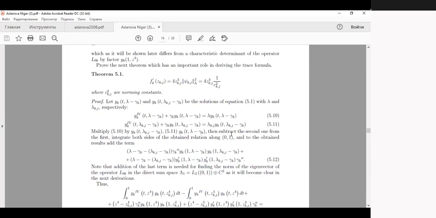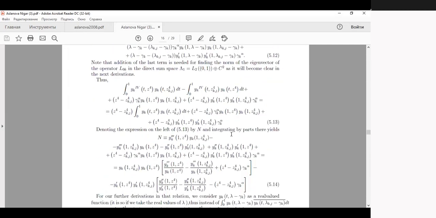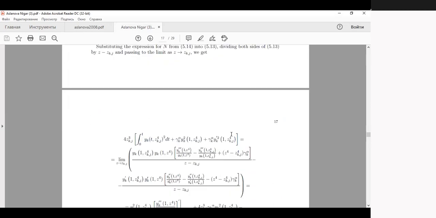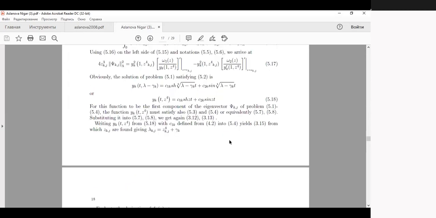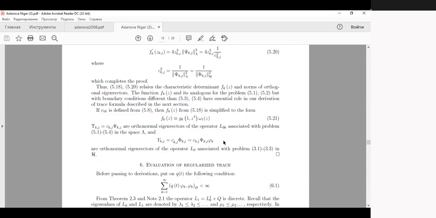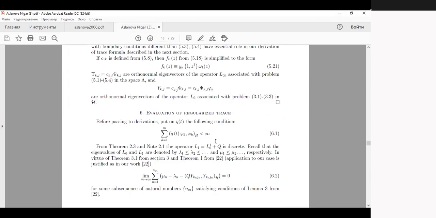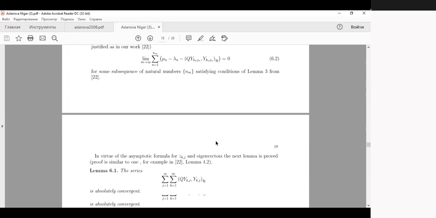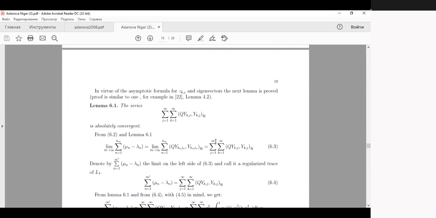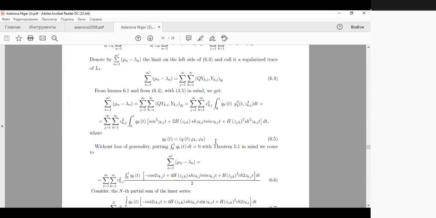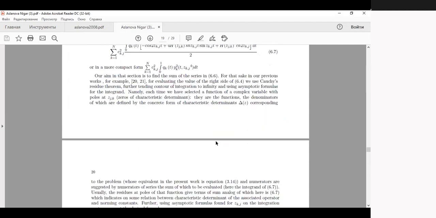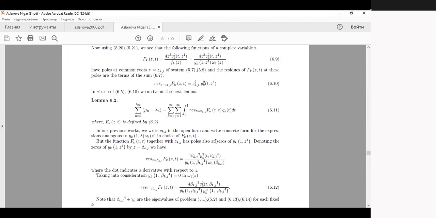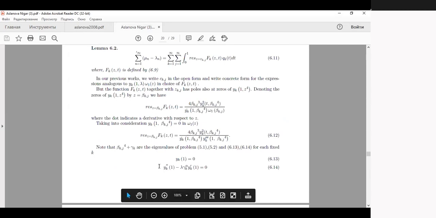After that, I was able to find my regularized trace. But before finding it, we have to apply it several times. Each time, the first application brings us to another boundary value problem, given by such boundary conditions, the same at 0 but different at 1.